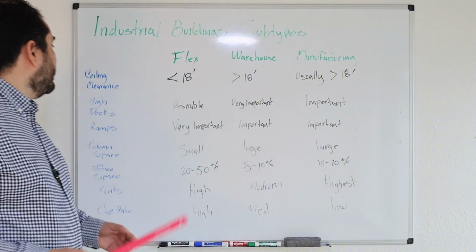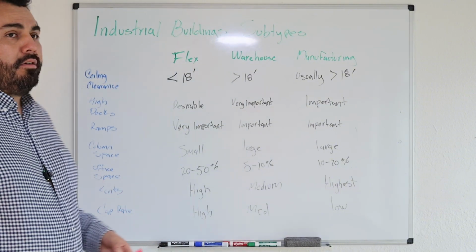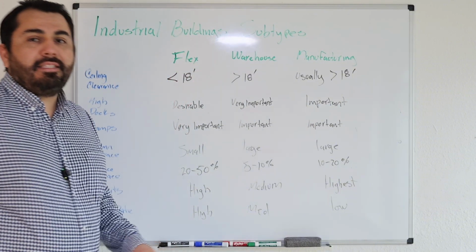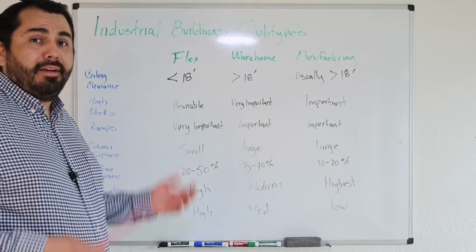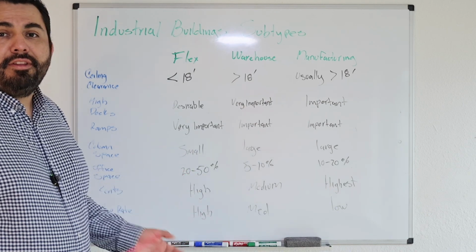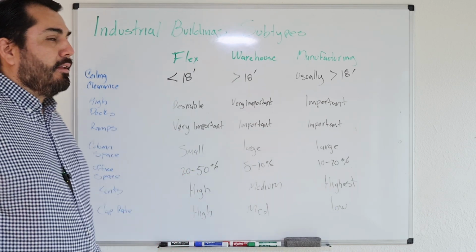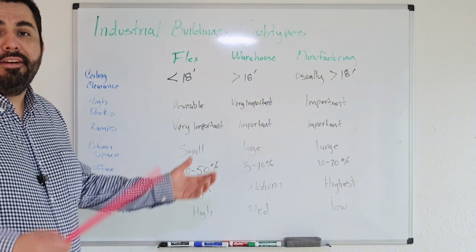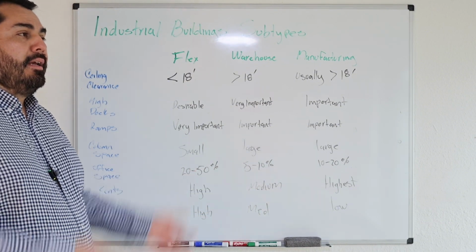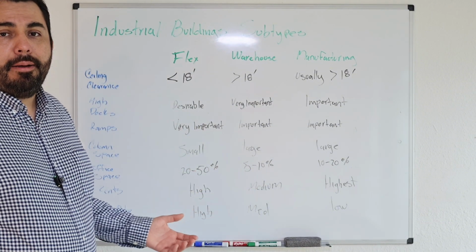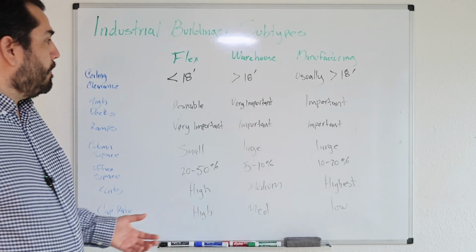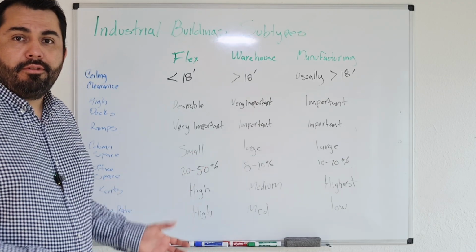First of all, we have the ceiling clearance. Since flex spaces are for startups or small to medium-sized companies, they don't need much clearance, because they don't have big racks or big amounts of stock.